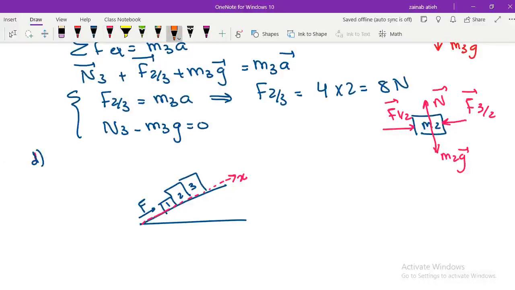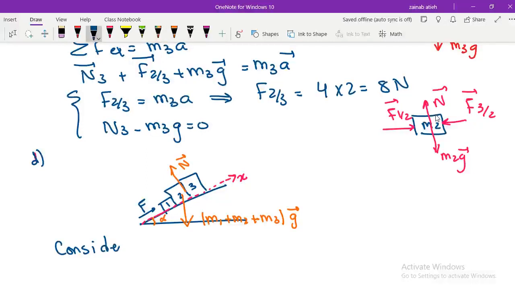The forces acting on 1, 2, 3 together are the weight of the system, which is M1 plus M2 plus M3 times G, and the normal of the system, which is perpendicular to the support. Remember that this is the angle alpha, which is 10 degrees, and now I have to apply Newton's second law.